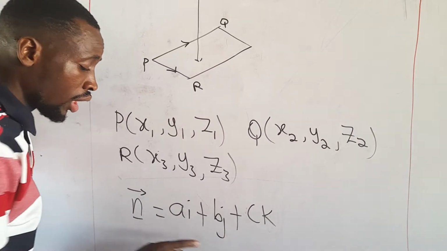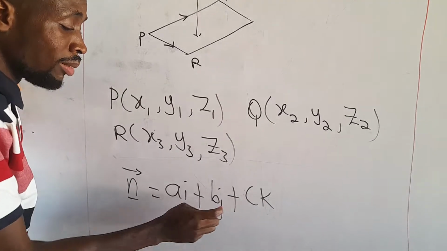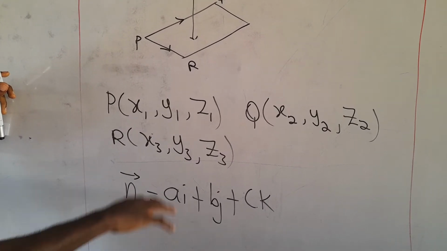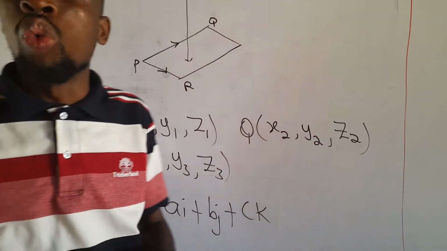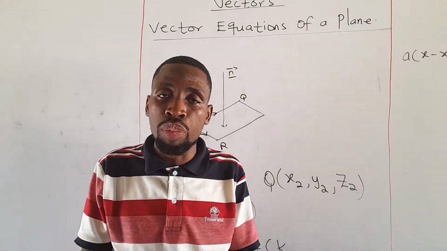So the coefficient of the i here is a, then that of the j is b, and that of the k is c. So if we know the normal vector and we know a point, we can find the vector equation of the plane that passes through 3 points.